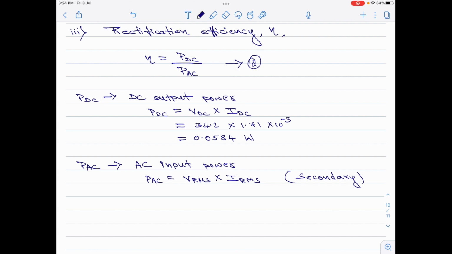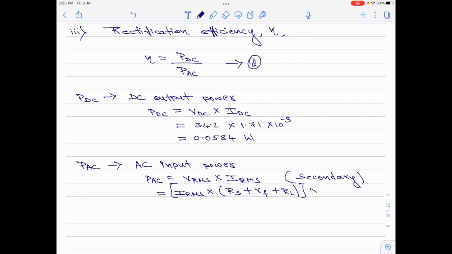However, I can express Vrms in terms of Irms by representing it as a product of current and all the resistances. So, Vrms can be written as Irms multiplied by all the resistances in the circuit, starting with the transformer secondary resistance, the diode forward resistance and the load resistance. This is the representation for Vrms.